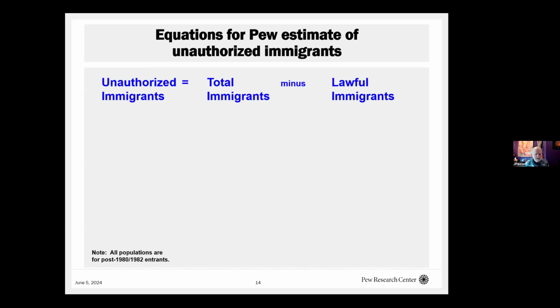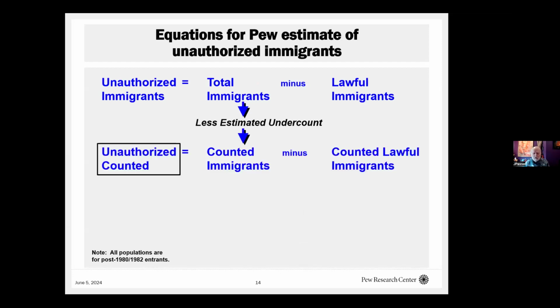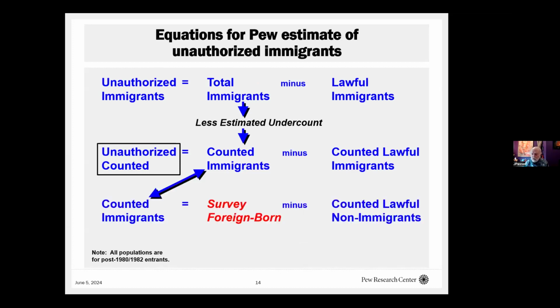And again, it's a simple equation. And I use the term immigrants here. The unauthorized counted is the number of immigrants counted minus the lawful immigrants. There's a foreign-born population that we don't consider part of the immigrant population. These are legal temporary migrants.